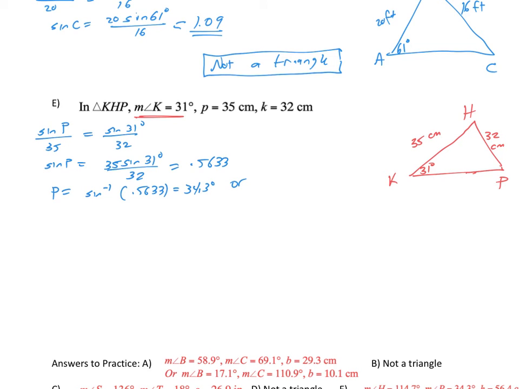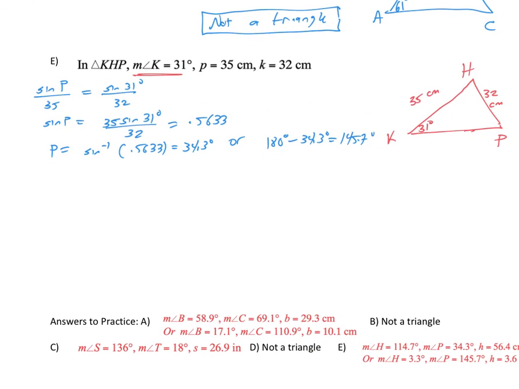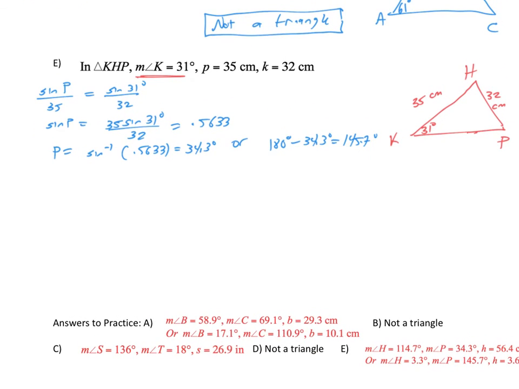Or we need to also check the obtuse possibility, which would be 180 degrees minus 34.3 degrees, which is 145.7 degrees. So we have two possibilities for the measure of angle P. I'm going to write them both down here. So the measure of angle P could be 34.3 degrees, or the measure of angle P could be 145.7 degrees.